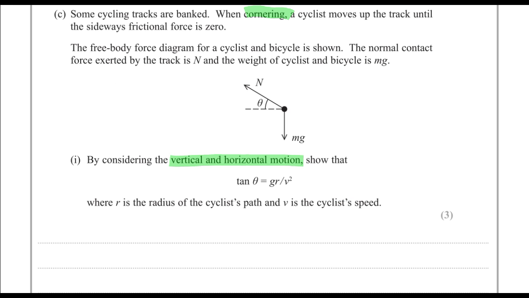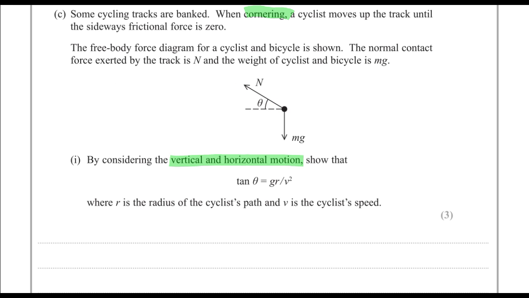In order to consider the vertical and horizontal motion, we need to have all our forces in either vertical or horizontal directions. The weight mg is already in the vertical direction, so we are fine with that force. But the normal contact force is not in either of those directions.